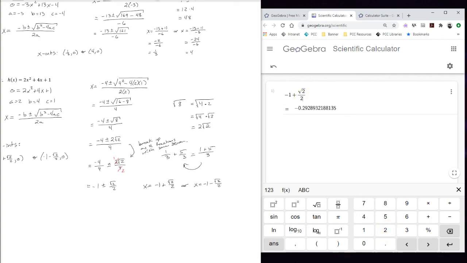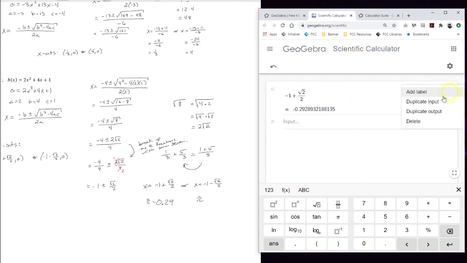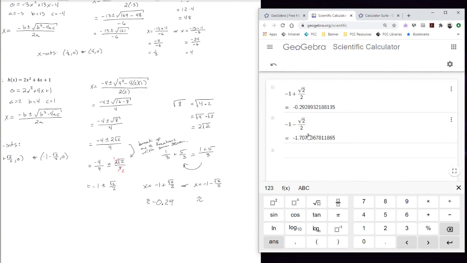And so we get that the first one is approximately negative 0.29. The second one, now we can take and actually duplicate this, and we can change the plus to a minus. Speeds things up a little bit. We get approximately negative 1.71, making sure to round that 0 up to a 1. It's negative 1.707, and that 7 will round the 0 up to a 1 when we use 2 decimal places.